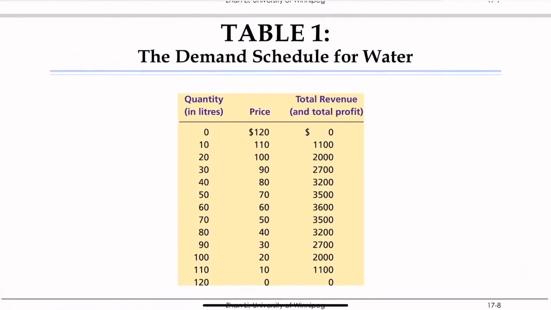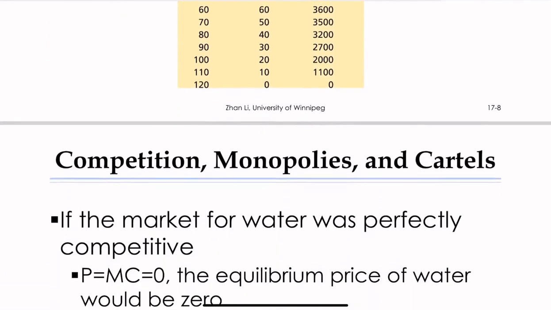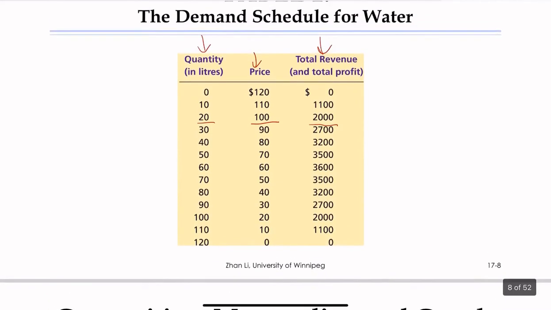You can see that at each price, we have the quantity. And then we can calculate the total revenue, which is trivial now because, again, price times quantity gives you revenue. Now, our task is we want to think about Jack and Jill's pricing and production under different market structures.